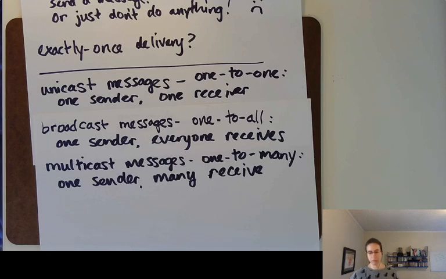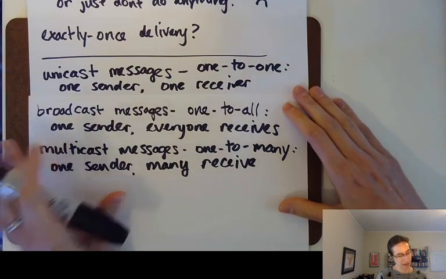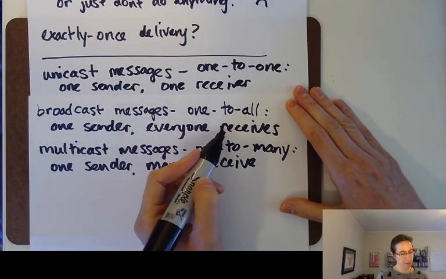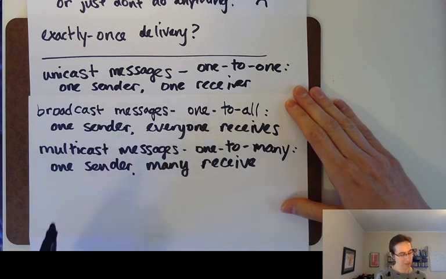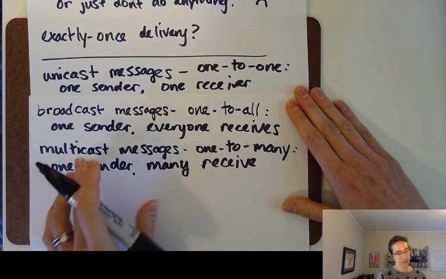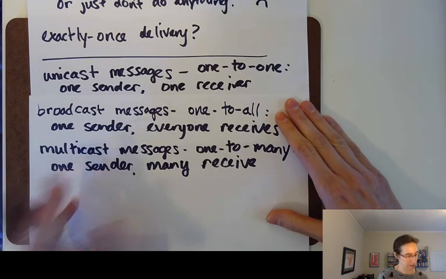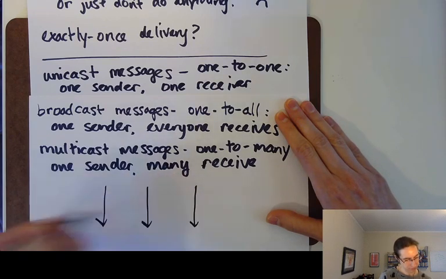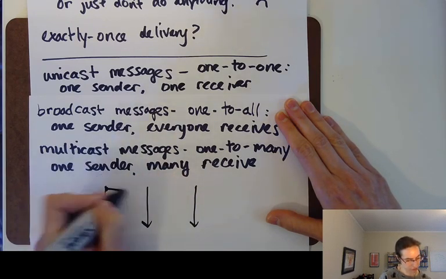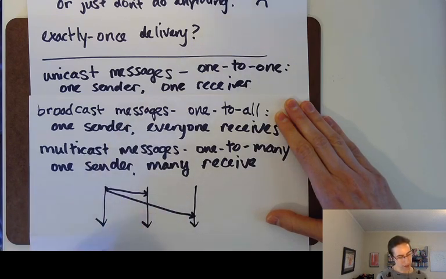So our usual picture, well, okay, so one question here is when we say broadcast, when we say everyone receives, do we mean that you receive it yourself as the sender or not? So the question is only interesting if we want to be really, really pedantic about it, right? Because if we were talking about, let's say, this exchange of messages, then we're calling that a broadcast message.